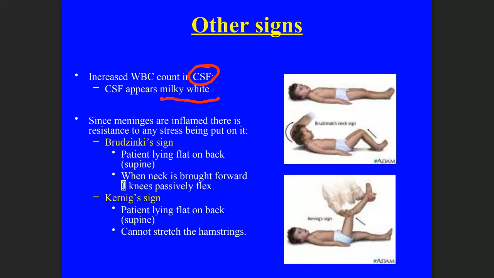Now, there are some other signs that I want to talk about here that are not in your notes, but I thought they were fun and interesting, because there are a lot of different things we can use to diagnose a person with meningitis. One interesting sign is Brudzinski's sign. The patient begins by lying flat on their back, and the physician manually holds the head of the patient and flexes the neck.